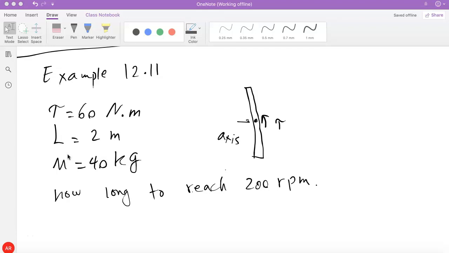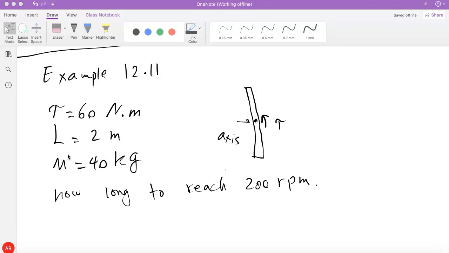We know the torque, we know the length, we know the mass, we know the axis of rotation that's in the middle of the rod, and we want to find out how long it takes for this propeller to reach 200 RPM, right?